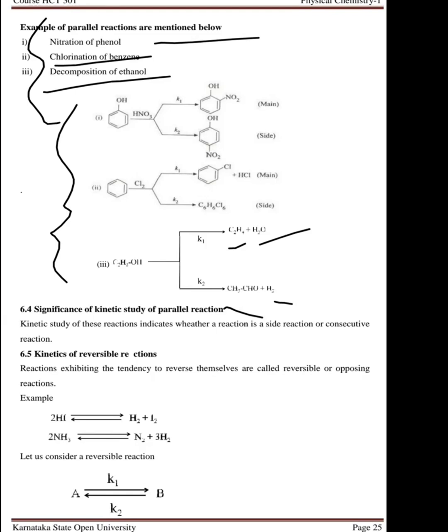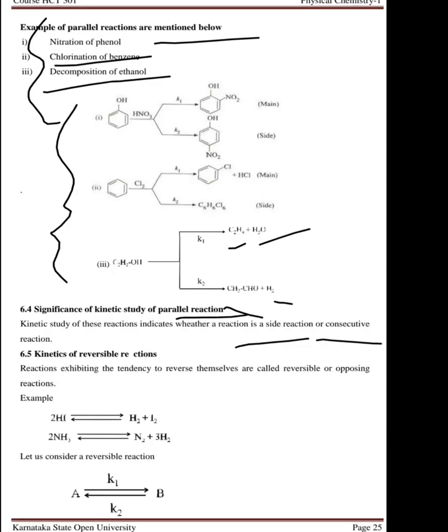So in the next concept, what is the significance of the kinetic study of parallel reactions? What is the importance of parallel reaction? The kinetic study of this reaction indicates whether the reaction is a side reaction or a consecutive reaction.